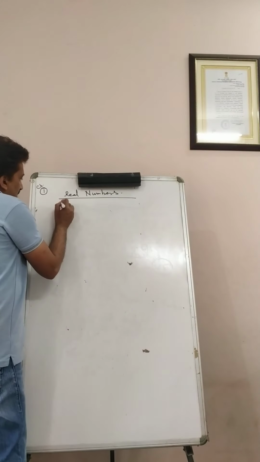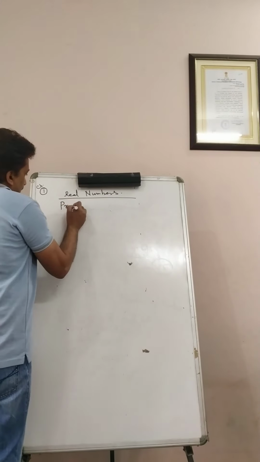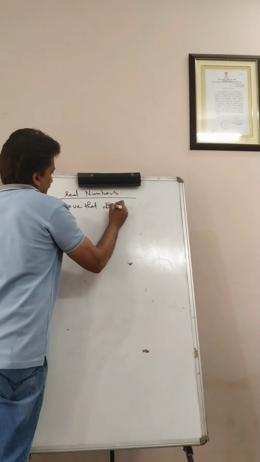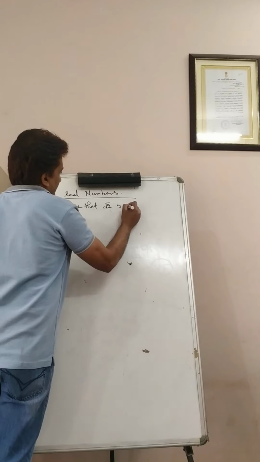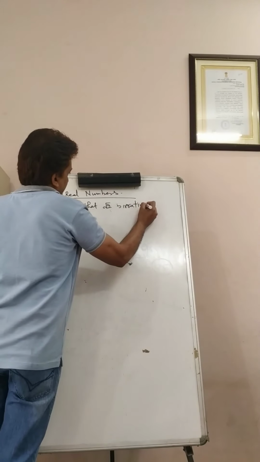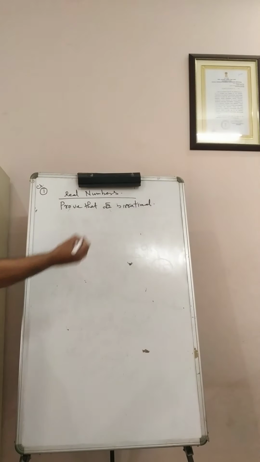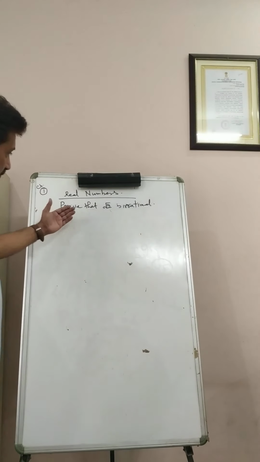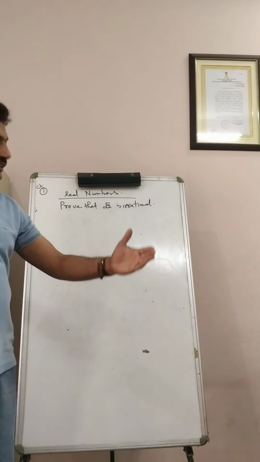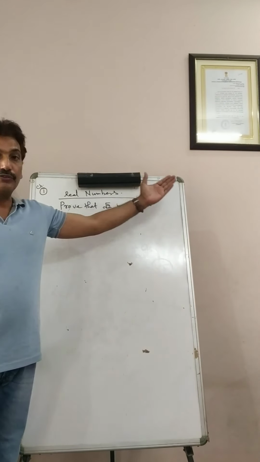The famous question is, prove that root 2 is irrational. So how will you start? You don't have anything to start with for an irrational number, because you will not be able to write the number in the form of a fraction.